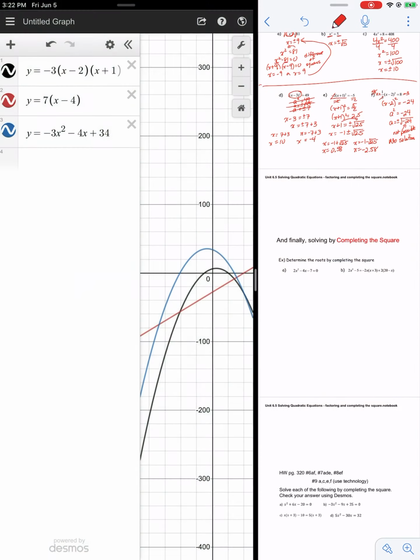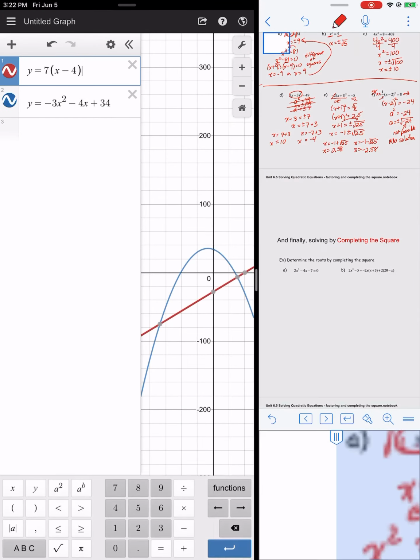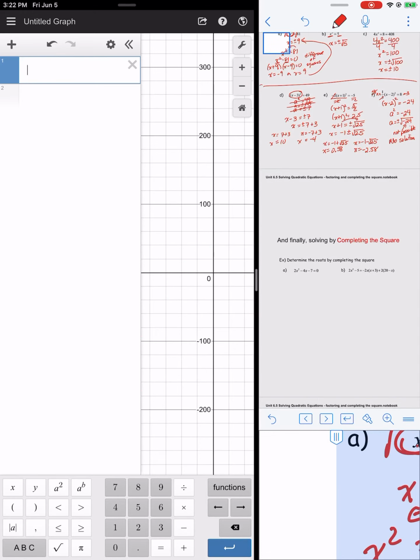So let's go back here. I'm going to delete these 3. So basically what we're doing is we are trying to solve the equation where one side equals y equals -1/3 (x minus 2) squared.